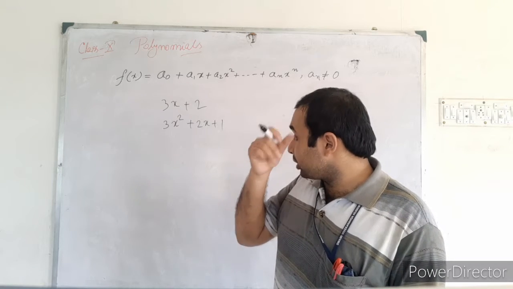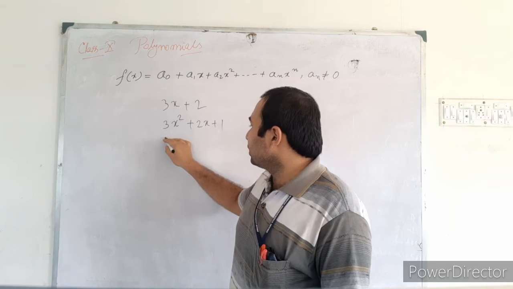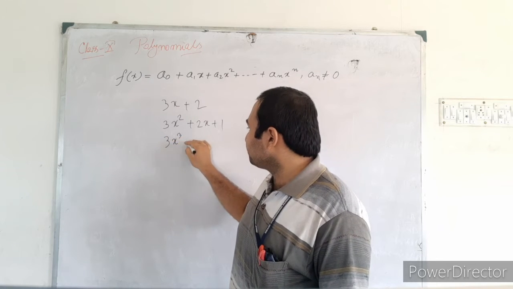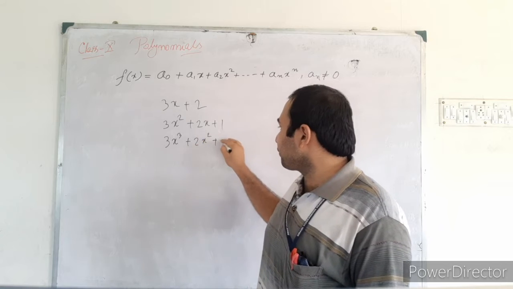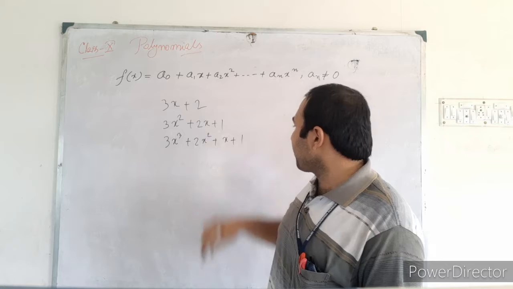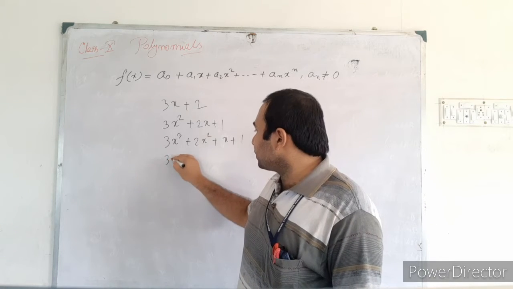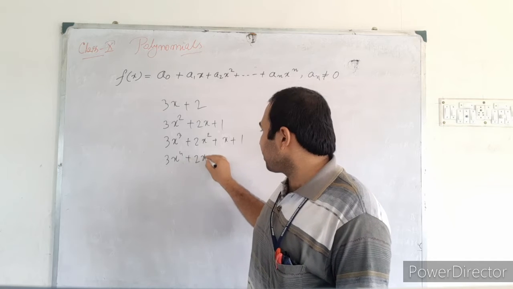This type of polynomial is called quadratic. In a cubic polynomial, the highest degree is 3. Then there is the biquadratic polynomial, like that.